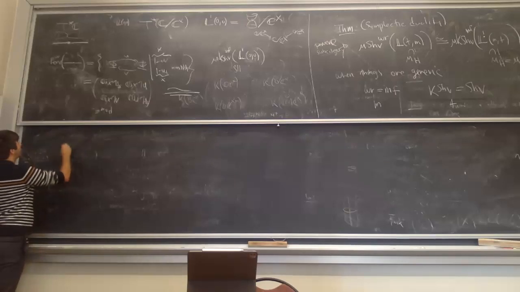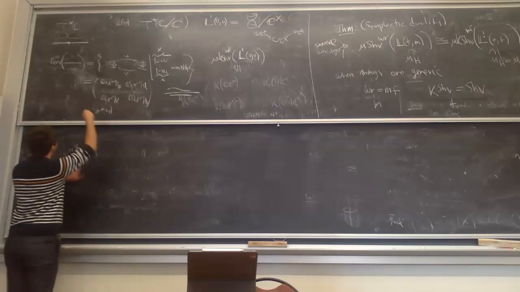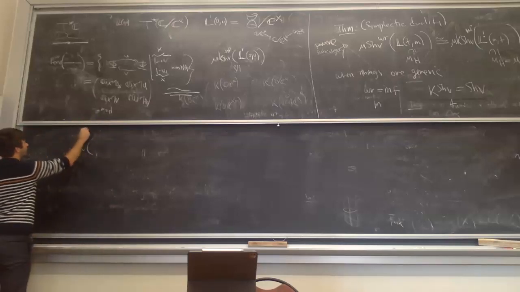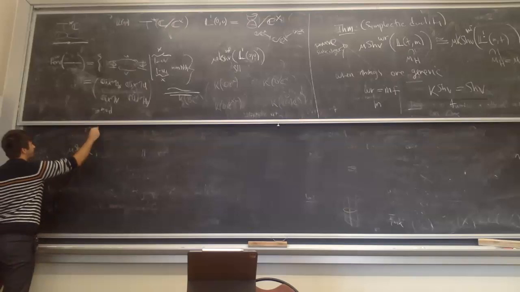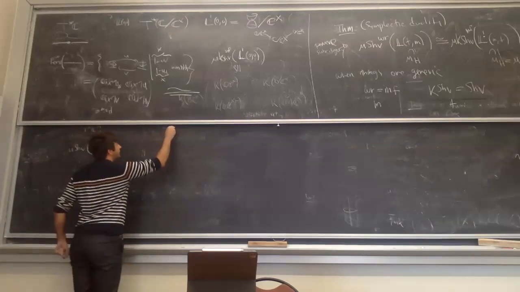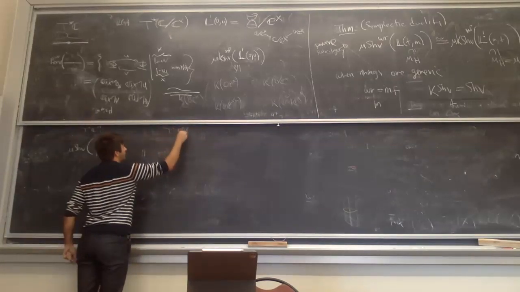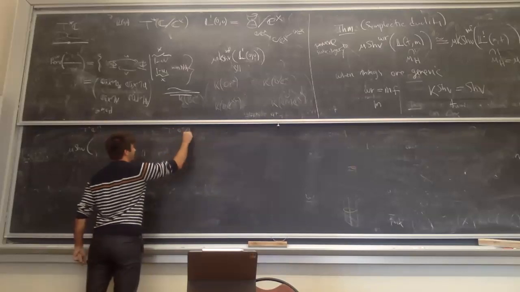So now by taking products, I have this same thing if I just take the product version of this Lagrangian. So let me now just say that I have T star C to the n, and then T star C to the n mod C star to the n. So this was the thing I was calling D before.